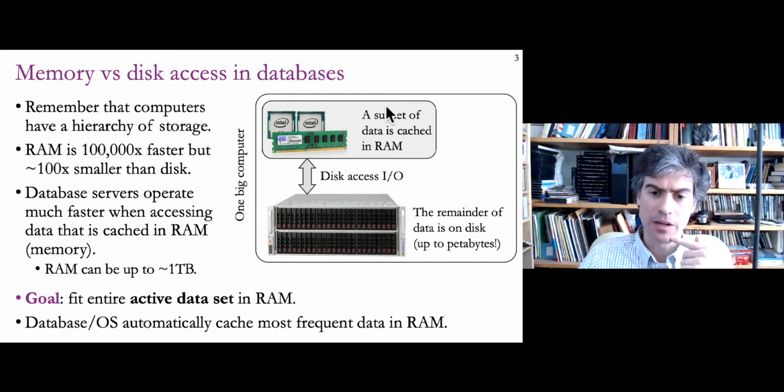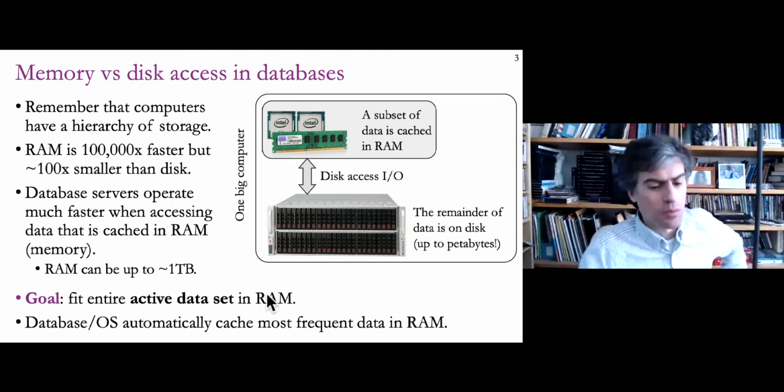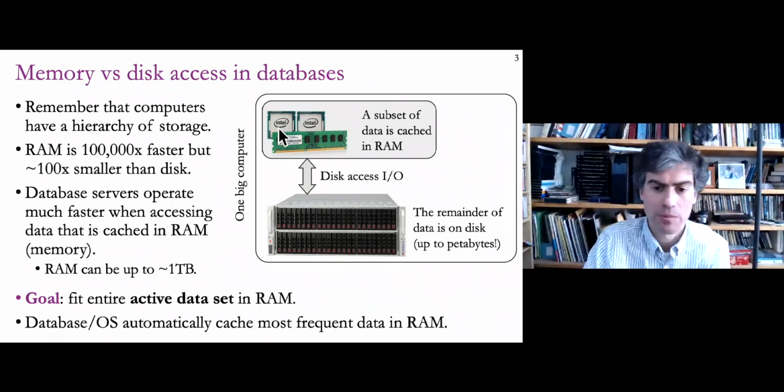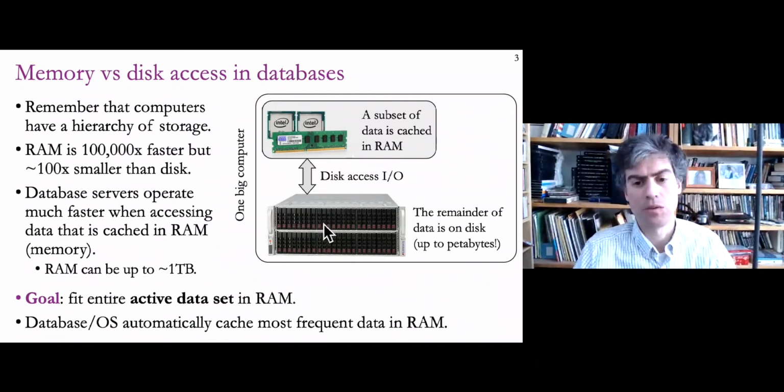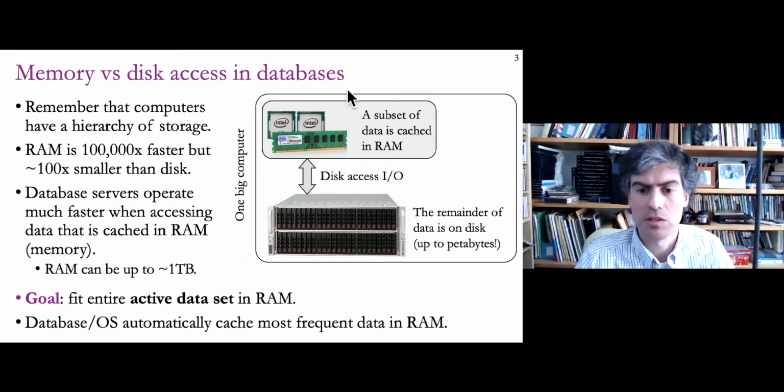But while it's operating, you want to cache as much data as possible in memory. Ideally, for a database to get good performance, the active data set should be smaller than the RAM size, but there are also other applications where that's not really possible, but you still might use a relational database with a single machine.